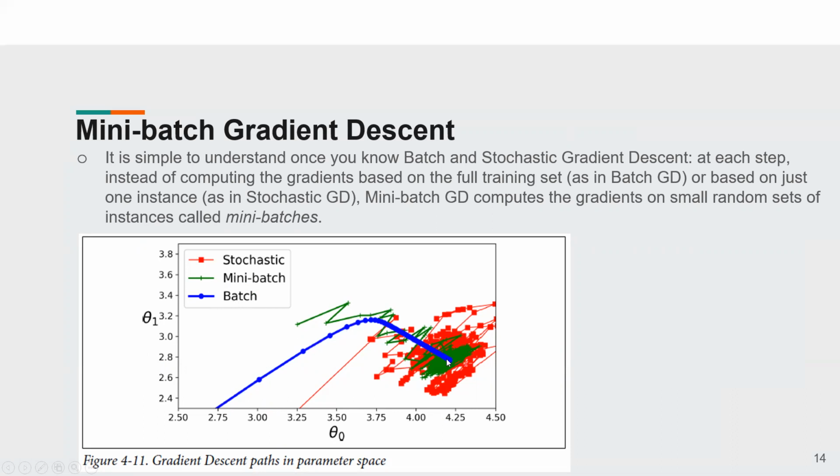It just goes to the solution rather quickly. However, mini batch is somewhere in between. It takes a batch to calculate the gradients instead of one instance or the full data set. It's only a mini batch. In that case, it lives in between those two types of solutions. It jumps slightly, but it converges faster than stochastic gradient descent.